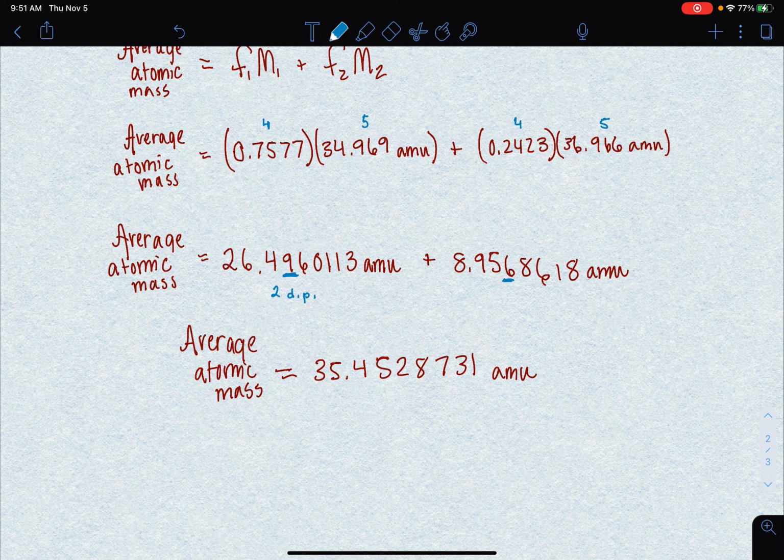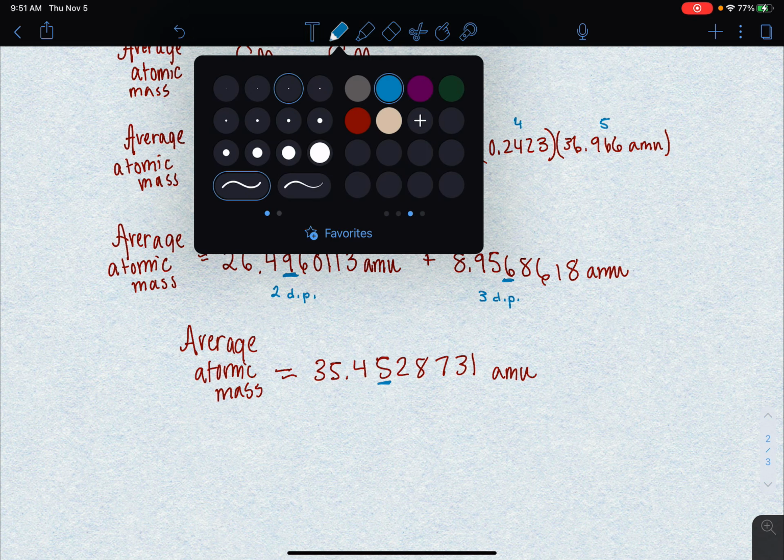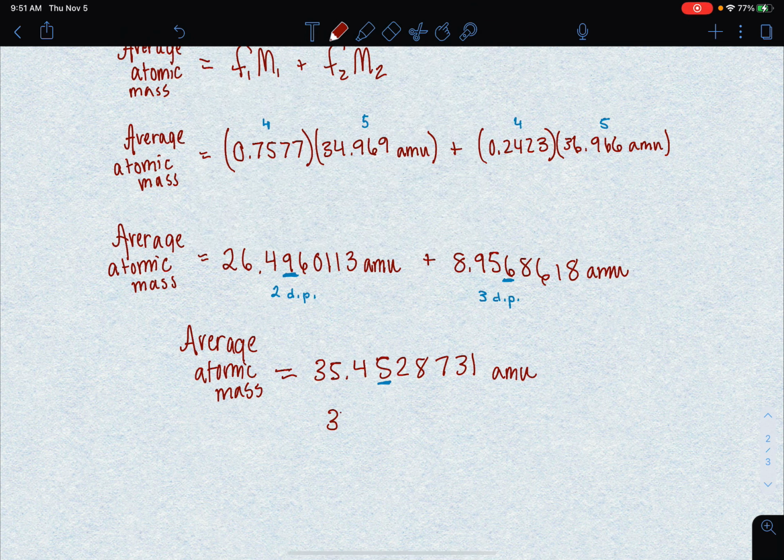For the second number, that 6 is 3 decimal places in. So that means my final answer should only go out to 2 decimal places. So I'm going to round it there where that 5 is. And that'll be my final answer that I report.